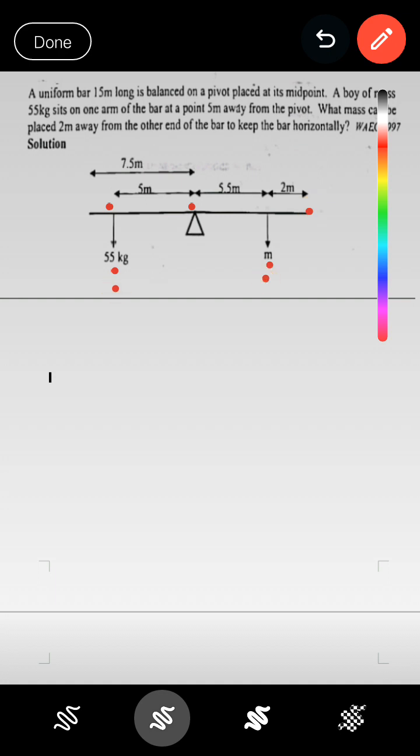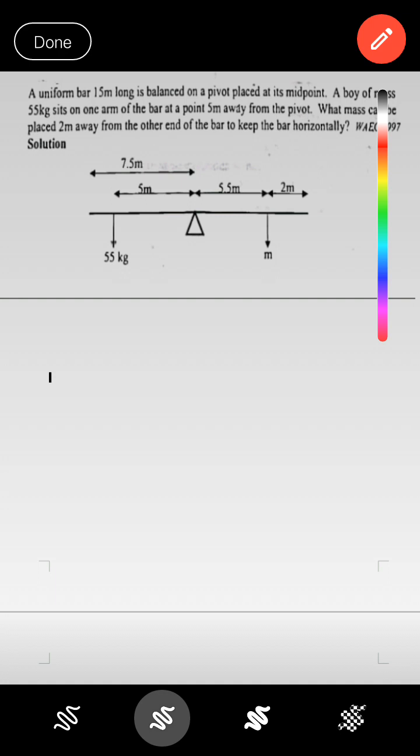This is the other end that we want to hang the second mass. The mass is hung at 2 meters away from the end. So with that, the diagram has been completed, and now we can calculate the mass using the principle of moments.